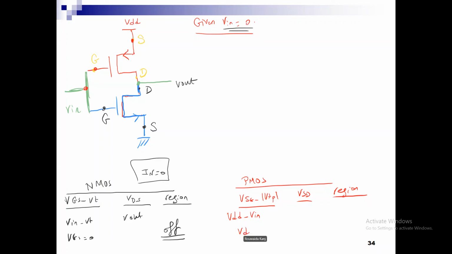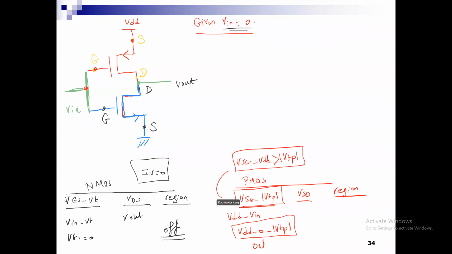Therefore, the device will be on, and I can continue to calculate VSG minus VTP, which is VDD minus 0 minus VTP. The device is on because VSG for the PMOS is equal to VDD and it is greater than the absolute value of VTP.